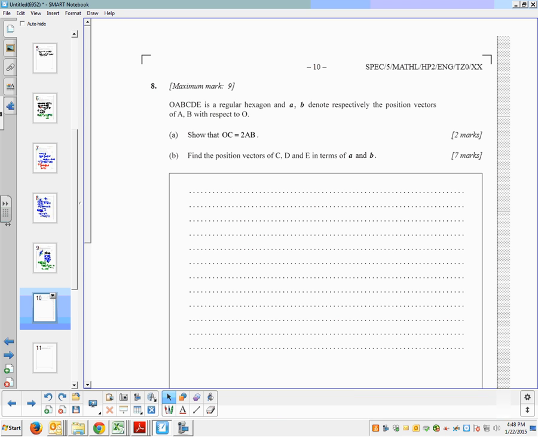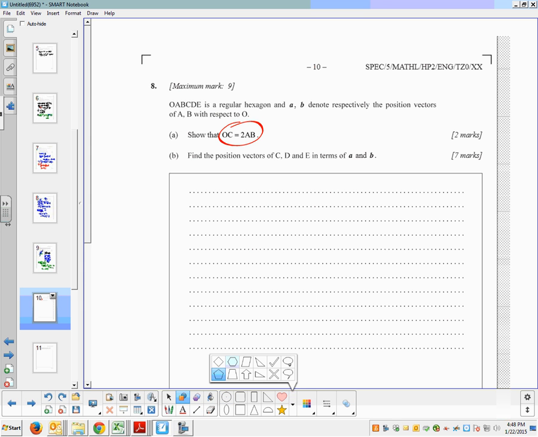Right, this one I put in, even though I said that vectors wouldn't come up, because it's a nice GCSE level vectors question. And it was some easy marks. Be aware, this is just talking about vectors, about lengths, not about the vectors themselves.